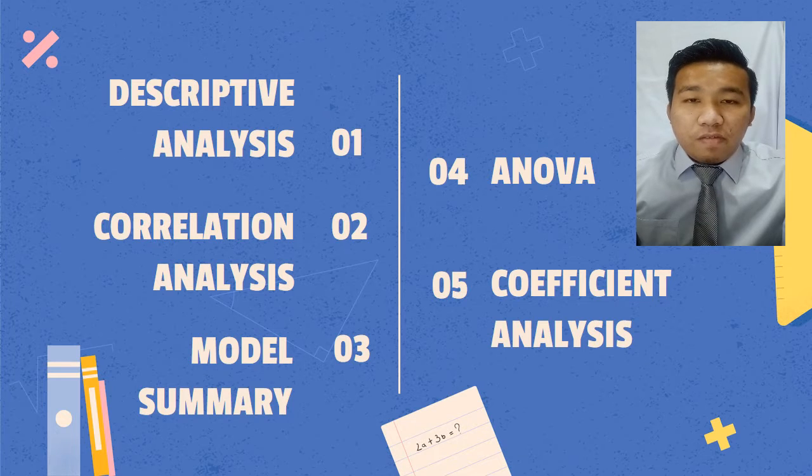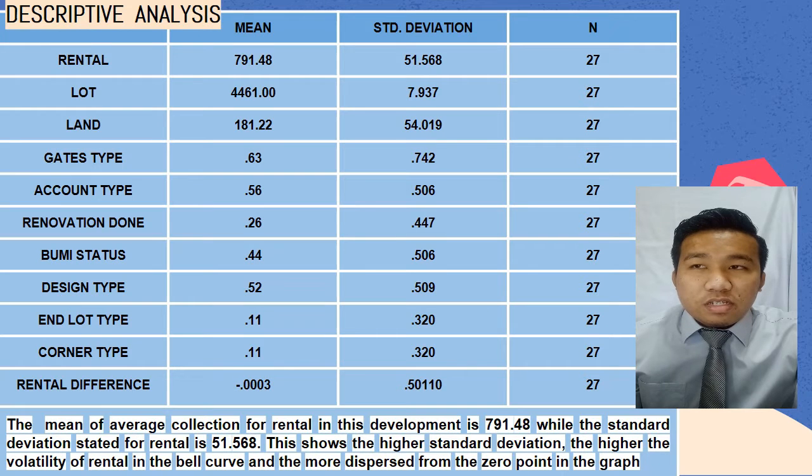Regression has 5 analyses, which are descriptive analysis, correlation analysis, model summary, ANOVA, and coefficients analysis. First, descriptive analysis. The mean of average collection for rental in this development is 791.48, while the standard deviation stated for rental is 51.568.